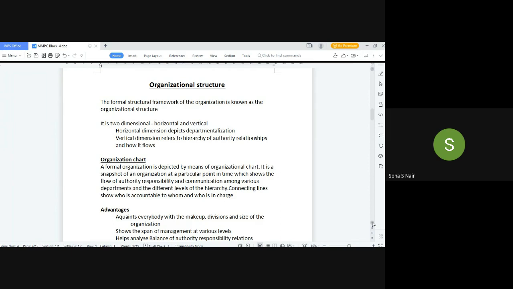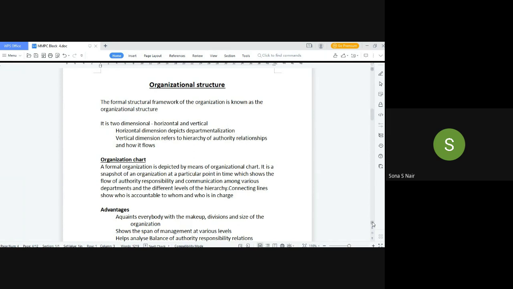When you put down the organization structure in black and white in the form of a chart, it is called the organization chart. So a formal organization is depicted by means of an organization chart, right? At any given point of time, what is the communication flow, who is responsible, who has authority, how does the authority flow, what are the responsibilities of the various positions or departments in the organization, how are they connected, who is coordinating with whom, who is accountable, who is in charge of what office.